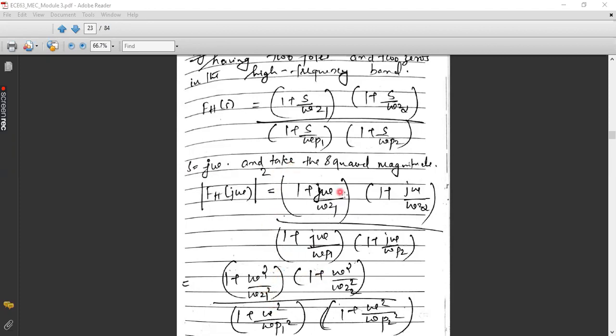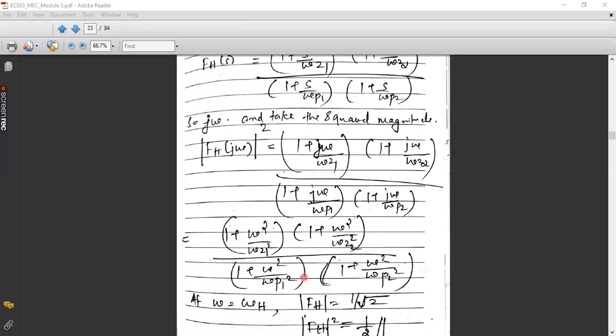The square root has been removed because I'm taking the square on the left hand side. So I have written the squared magnitude function as you can see. Therefore, I have omitted the square root of each term. I think till this you have written in the last class. Correct now? Can anybody respond? Okay, thank you.